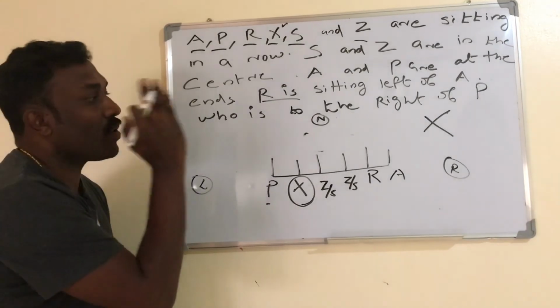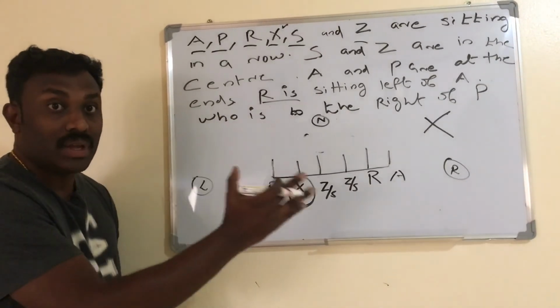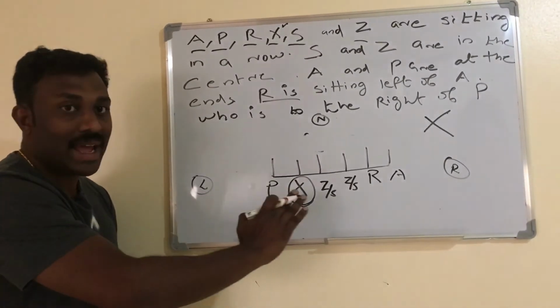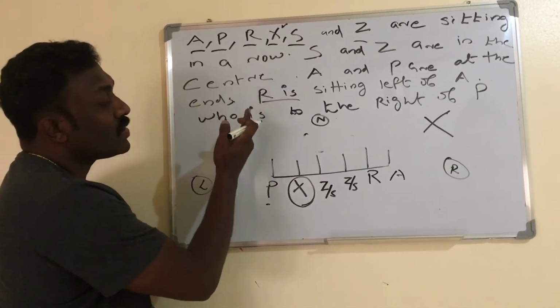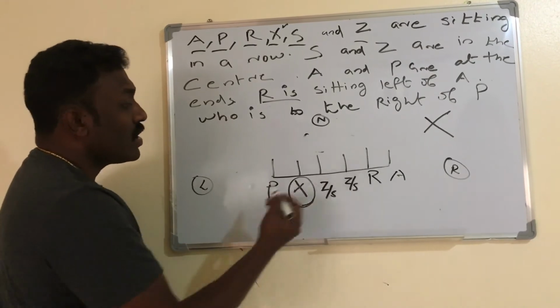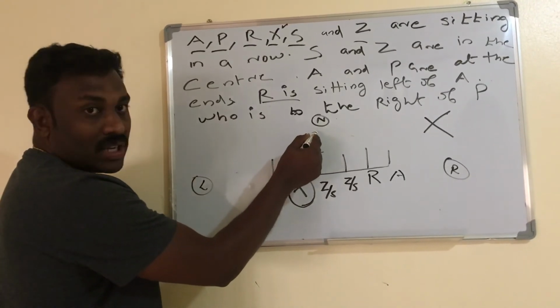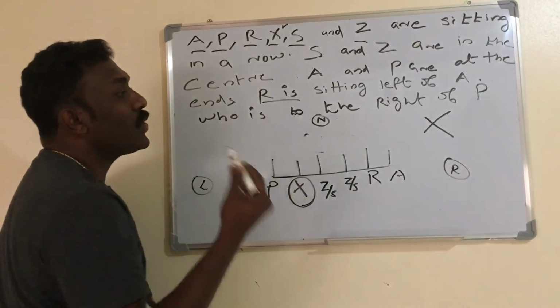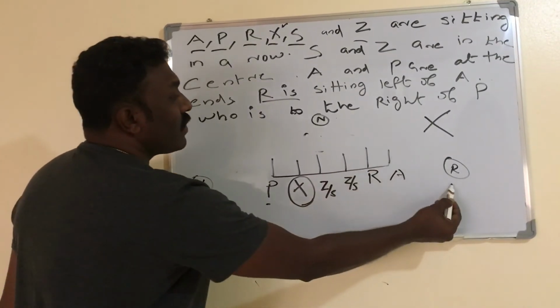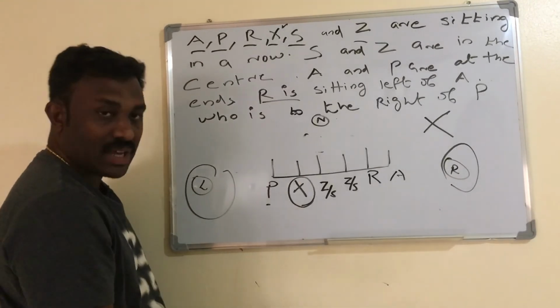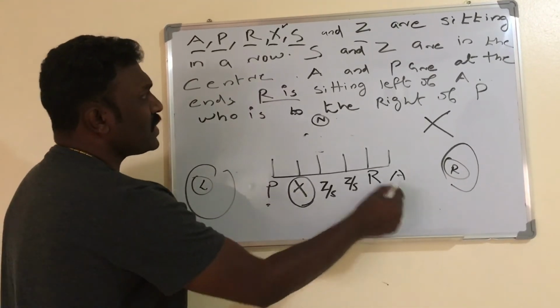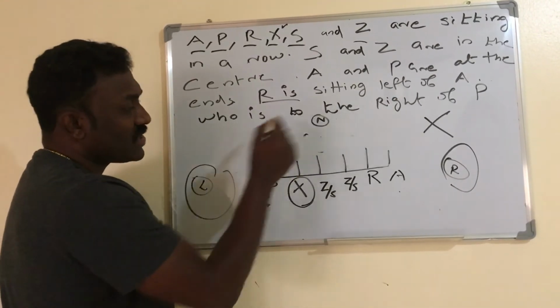Then second, you draw a diagram as per the statements and place each member. If you set the direction, you can easily understand which is the right side and which is the left side.